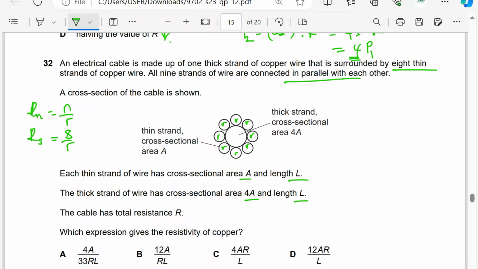But remember, the resistance r for a single strand, remember also resistance is equal to rho L divided by cross-sectional area.